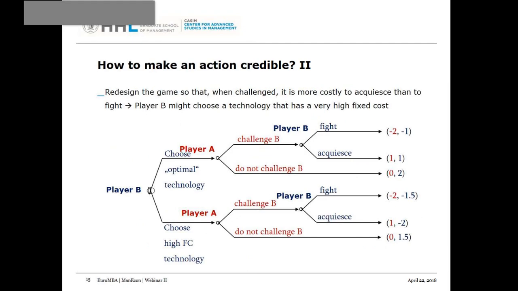So what you see if you try to analyze it is, in the upper part of the tree, backward inductive analysis would make player B acquiesce when challenged, and then player A would challenge.